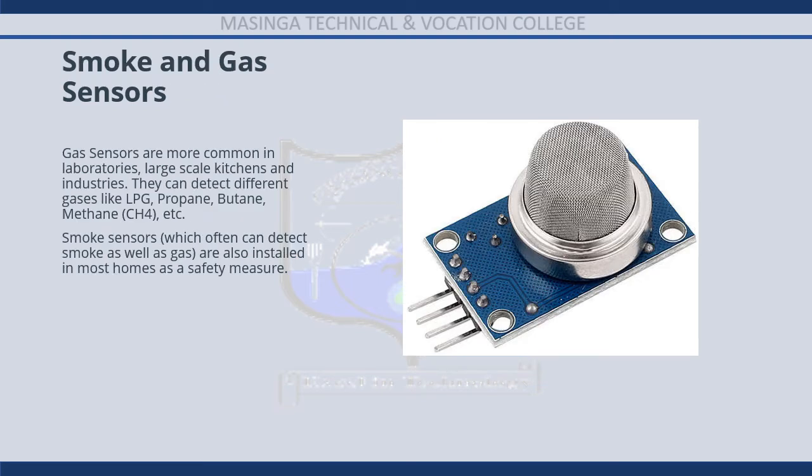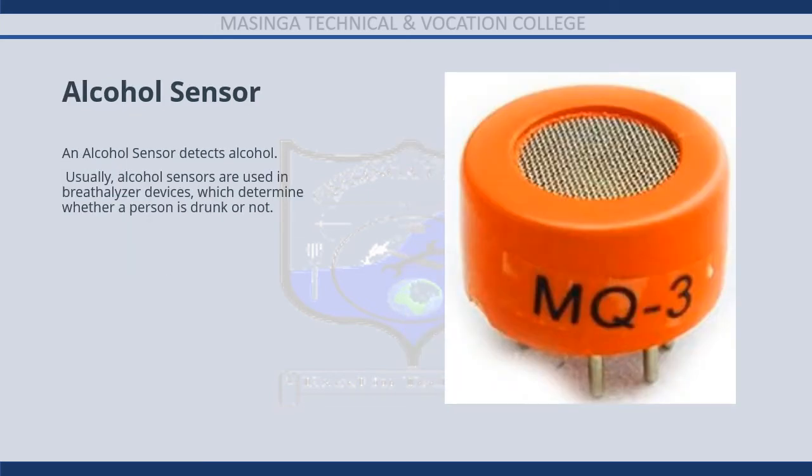Next example is smoke and gas sensors. These are sensors which can detect different gases based on different chemical reactions or properties of the gas. The next sensor is an alcohol sensor.